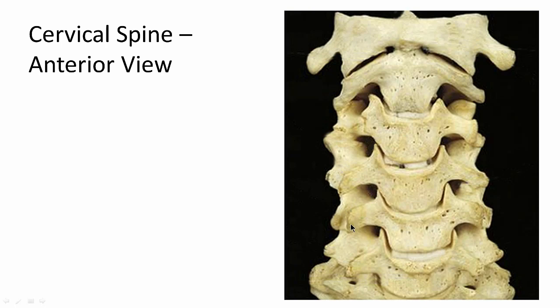So here are the tubercles. There's an anterior tubercle, a posterior tubercle, the transverse process, and what's the space called here? That's the intertubercular lamella.